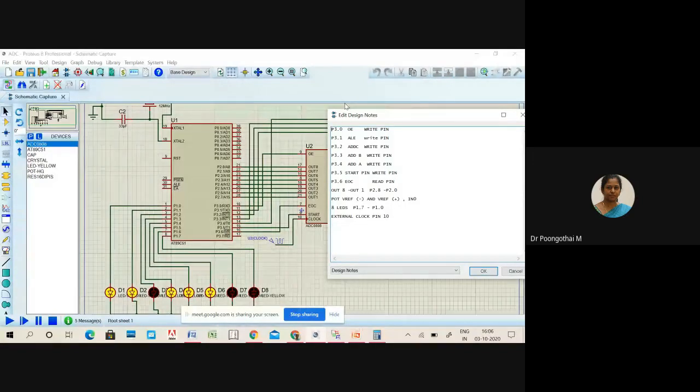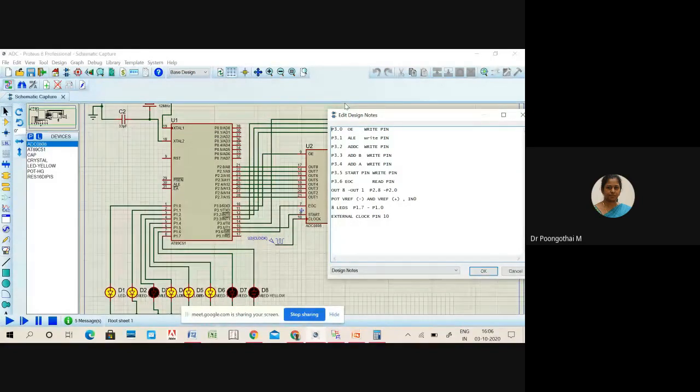And start pin of ADC is connected to P3.5 and end of conversion is connected to P3.6. Okay. And we have 8 digital outputs in ADC, so that is connected to your P2.0 to P2.7.